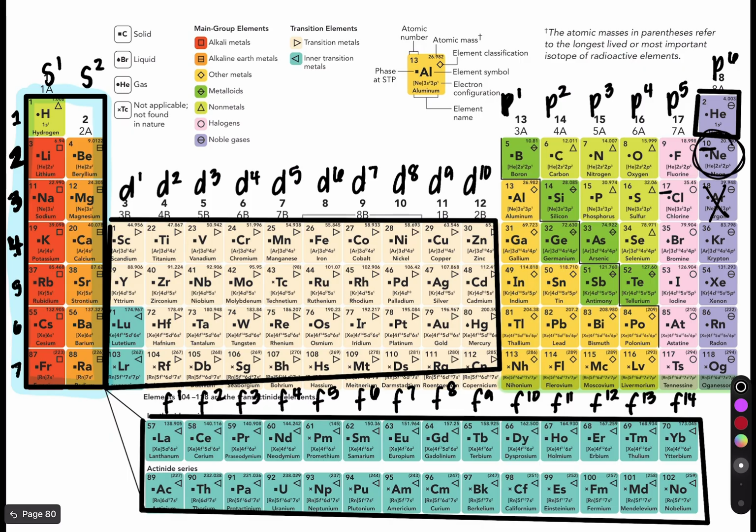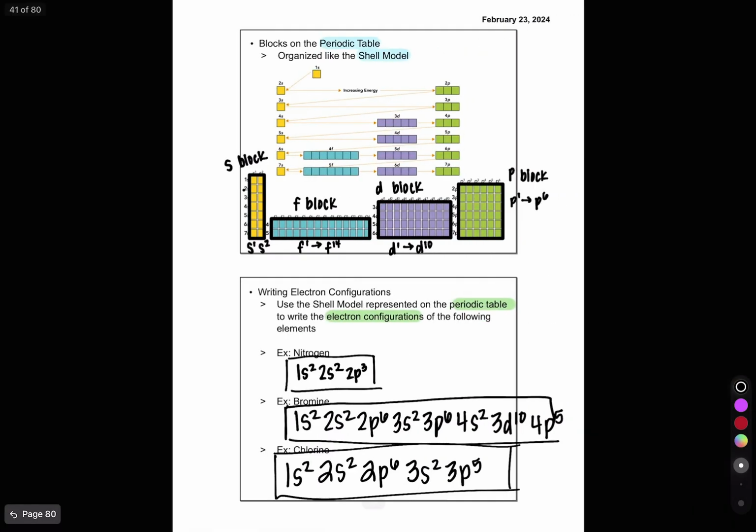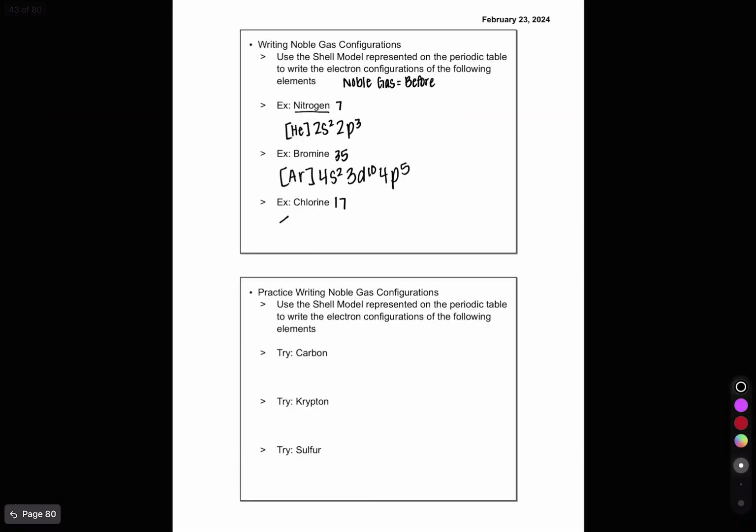I need neon because that comes before chlorine. So I'll abbreviate neon in brackets, and then I'll only write what electrons come after neon. So my 3s electrons, and then my 3p electrons. So my full noble gas configuration would be neon, followed by my 3s electrons, and then my 3p electrons.